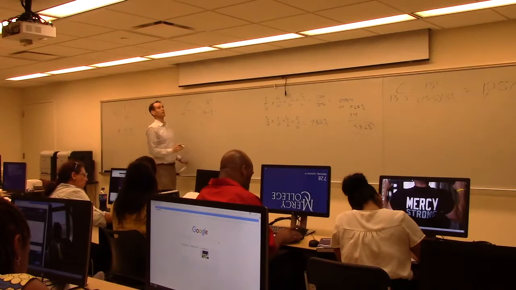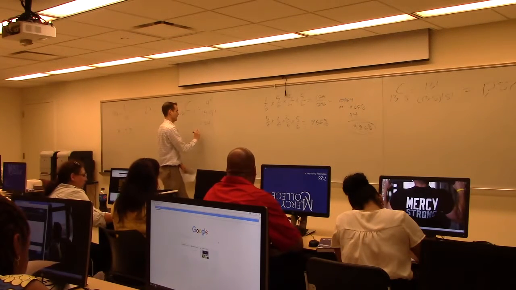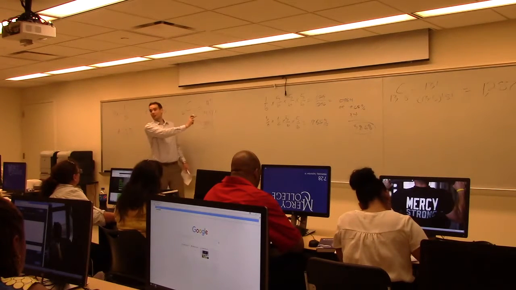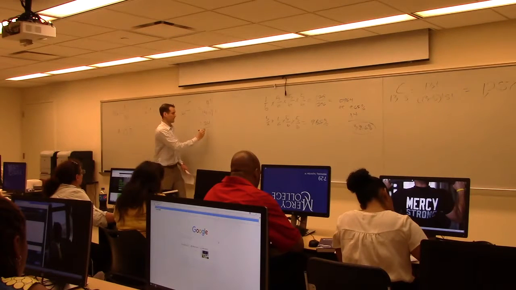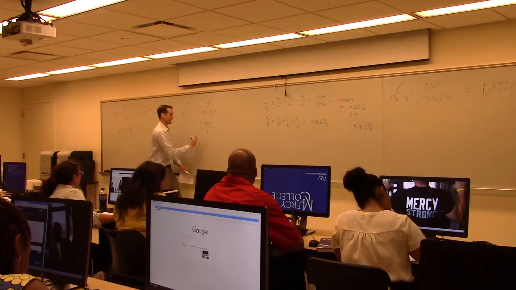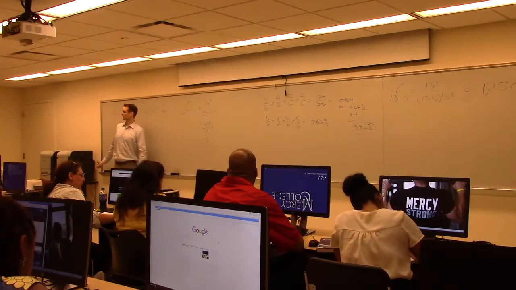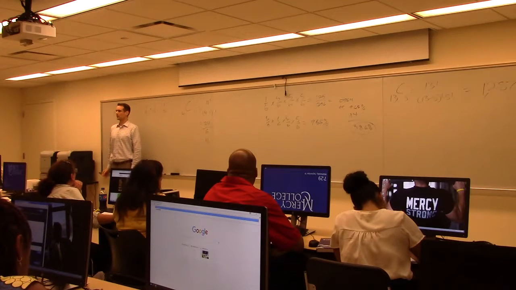Okay, 4 factorial is 4 times 3 times 2, which is 24. All right, over 4 minus 1 is 3. 3 factorial is 3 times 2, which is 6. 6, okay. 24 divided by 6. 4.